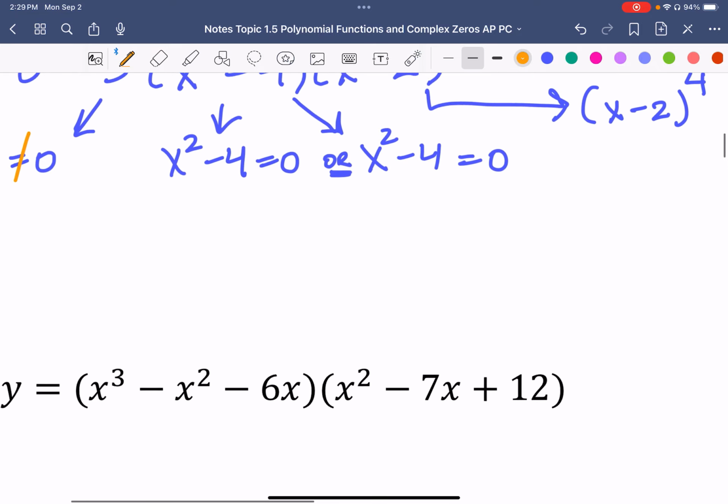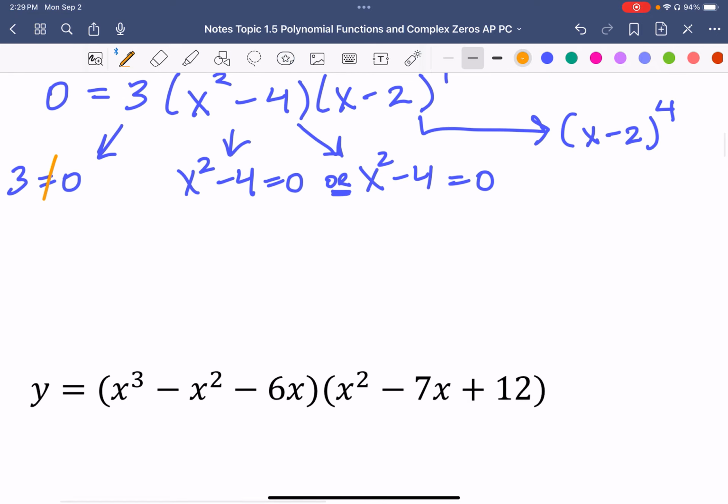Okay, so here are 2 different ways that we can solve this. The first way is going to be to do difference of perfect squares. So I can rewrite x squared minus 4 as x plus 2 times x minus 2 equals 0. If you're proficient with difference of perfect squares, you should recognize that you can take the square root of x squared and the square root of 4, and that's how you get those 2 factors, right?